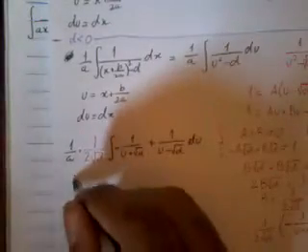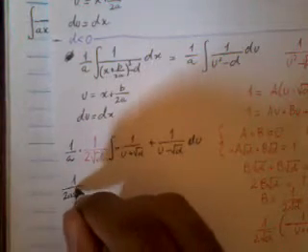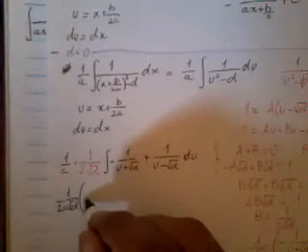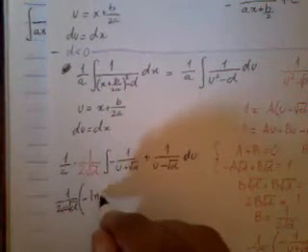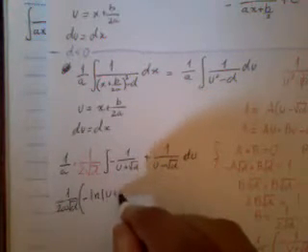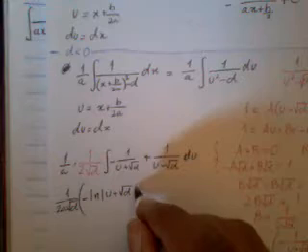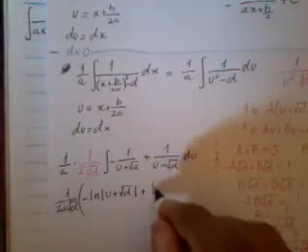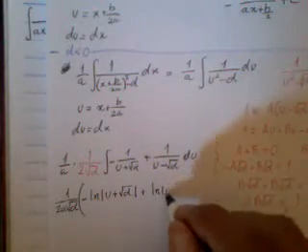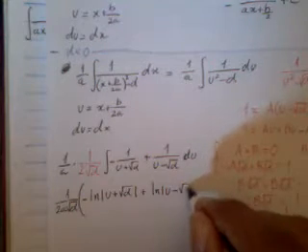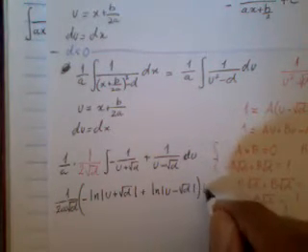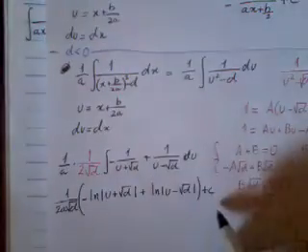So 1 over 2a root d. Oh, both of them are very simple. This is going to be minus the ln of the absolute value of u plus root d plus the ln of u minus root d plus c.